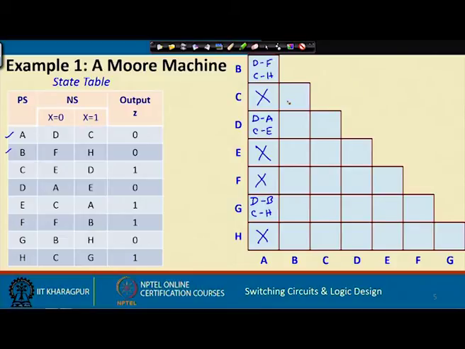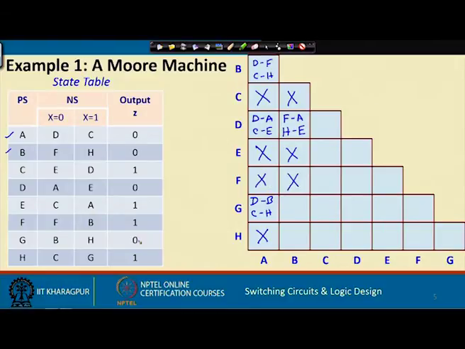Let us say B and C, the outputs are different, cross again. B and D, the outputs are the same. So, F A, H E. B and E outputs are different, B and F again different.